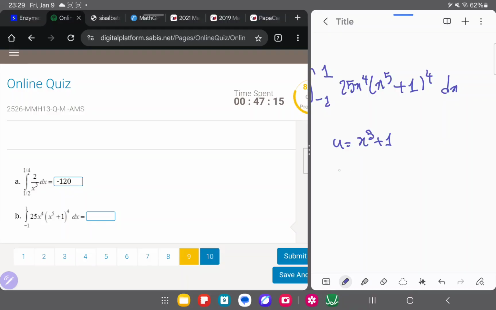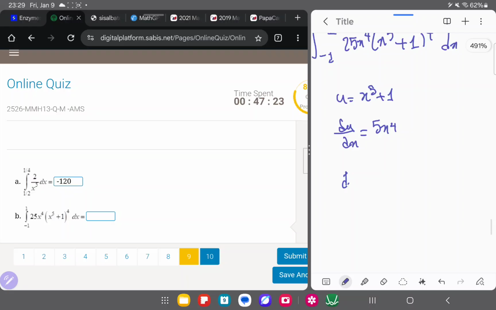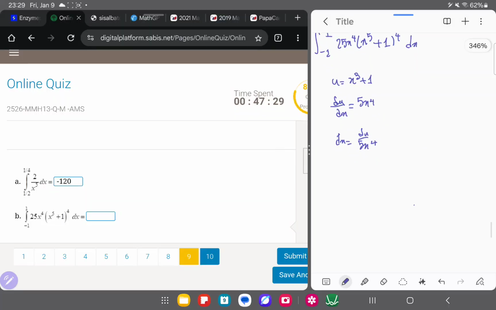We'll differentiate u and isolate dx. So then we get dx is equal to du over 5x to the power of 4. And then we can rewrite this integral as the integral of 25x to the power of 4, u to the power of 4 du, over 5x to the power of 4.